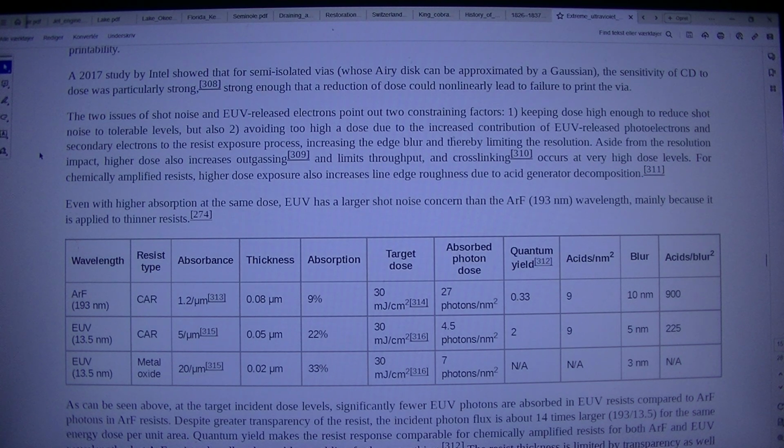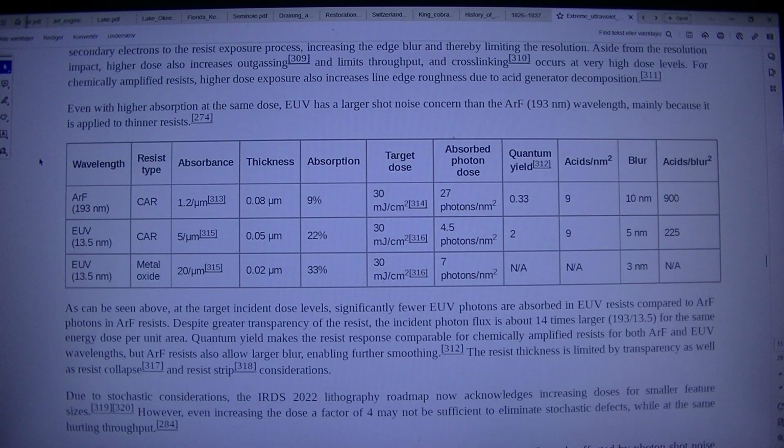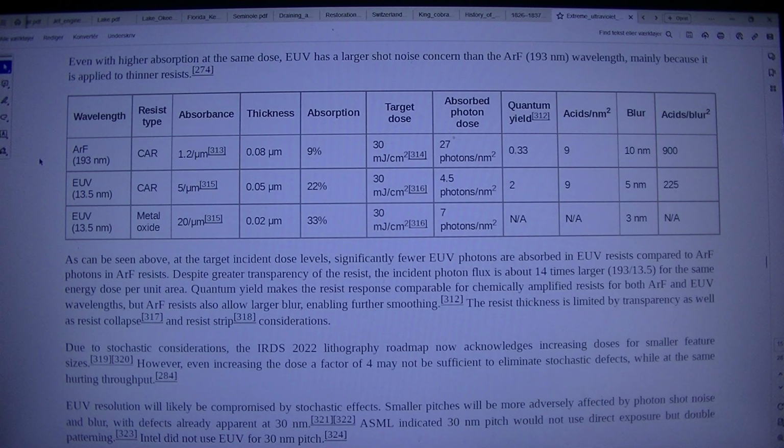Table 274: wavelength, resist, absorbance, thickness, absorption, target dose, absorbed photon dose, quantum yield, 312, acids/nm2, blur. ArF, 193 nm, CAR, 1.2/µm, 313, 0.08 µm, 9%, 30 mJ/cm2, 314, 27 photons/nm2.